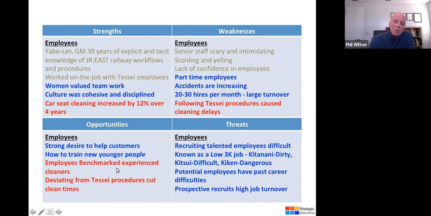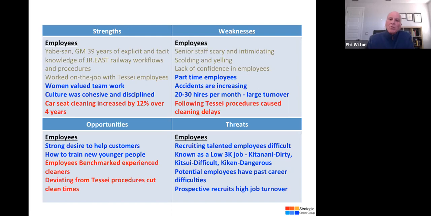In the story that was presented to us, we found that the longer-term people in the organization were getting benchmarked by the new people coming in. So they began to get experience, and they began to apply different workflows and processes to the cleaning procedures. They found that deviating from the Tessai procedures actually cut the cleaning times.